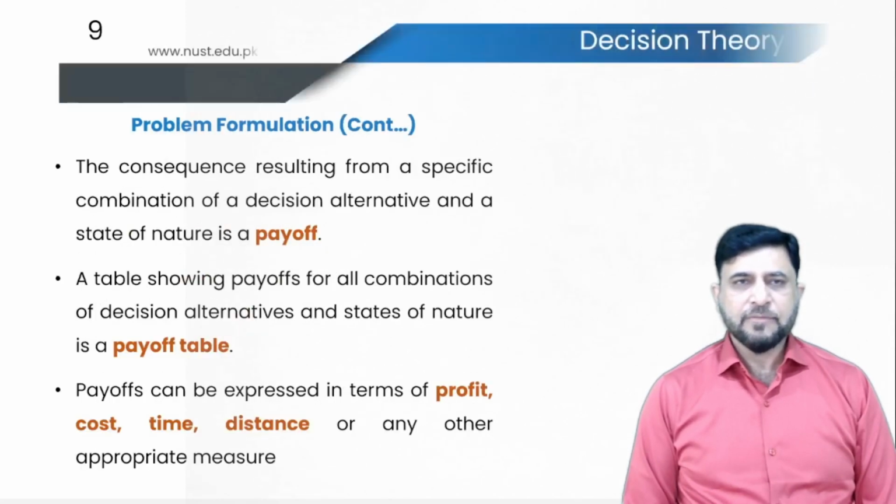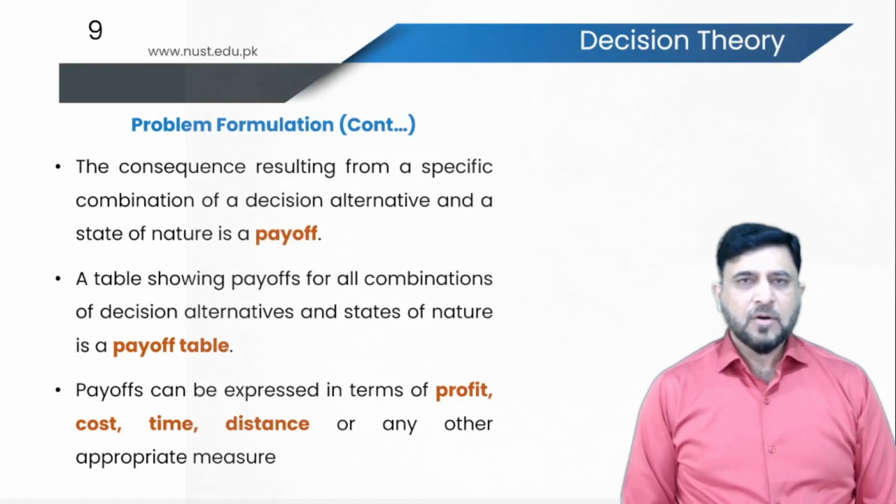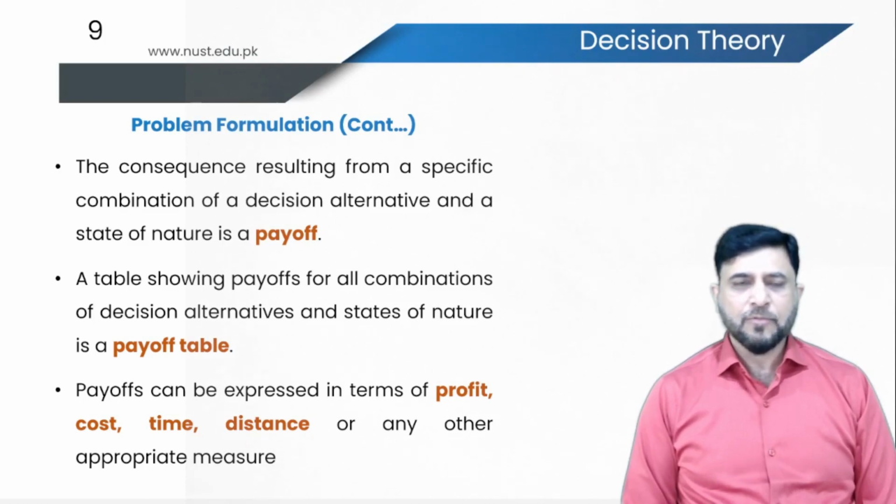So what is the third one now? It is the payoff. The consequence resulting from a specific combination of a decision alternative and a state of nature is a payoff. So, the combination of an alternative and a state of nature basically ends up in a payoff.